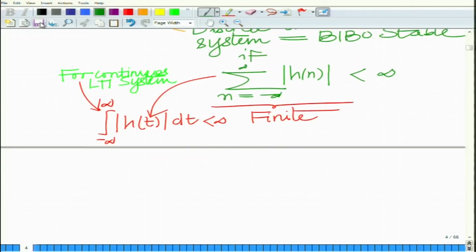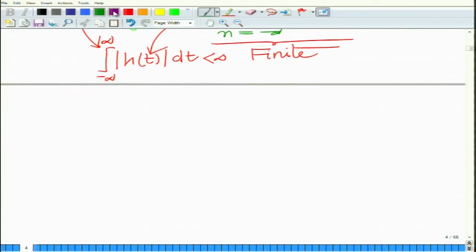That is the required condition for a discrete time LTI system to be BIBO stable. BIBO stands for bounded input, bounded output stability. Now, let us look at the eigenfunction of discrete time LTI systems.